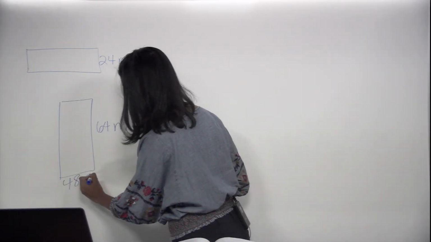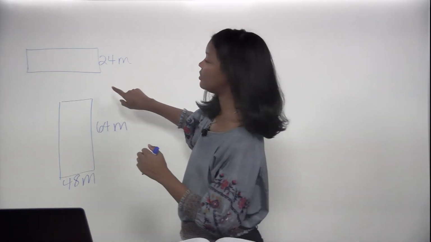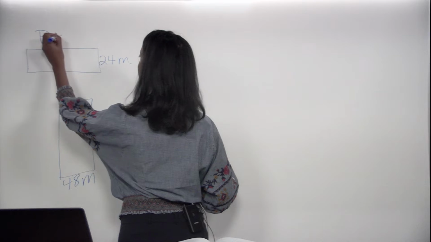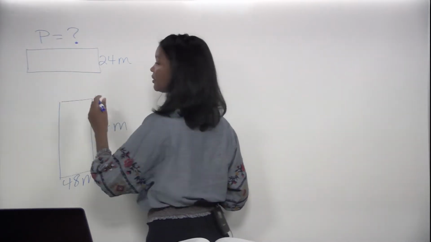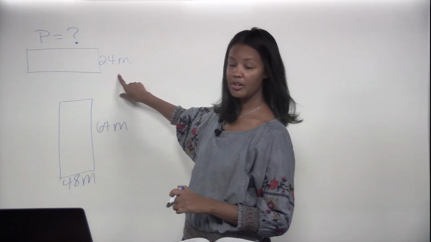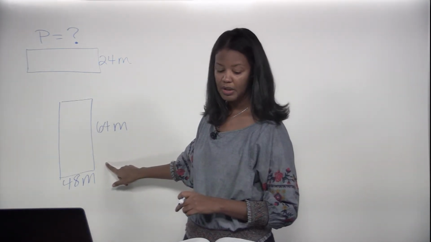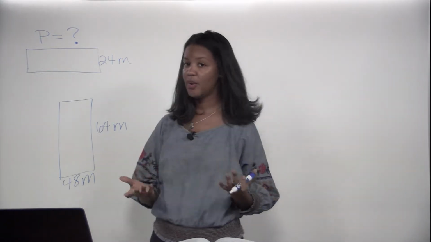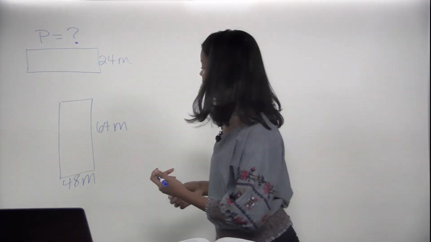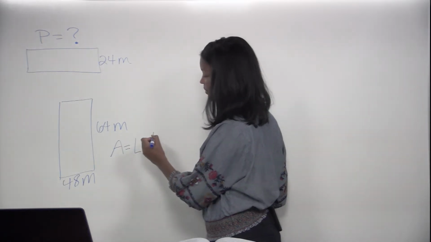So the question says that we need to find the perimeter of this rectangle. So perimeter equals what? And what we know is that this rectangle has the same area as the second rectangle. So first thing is, what is the equation for area of a rectangle? And hopefully you know the area of a rectangle is equal to the length times the width.